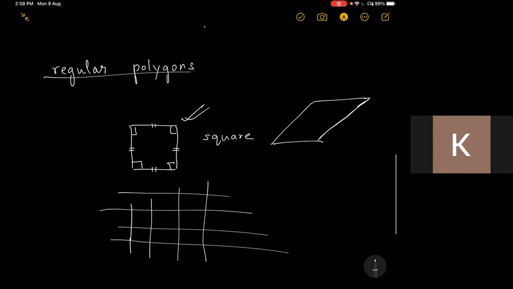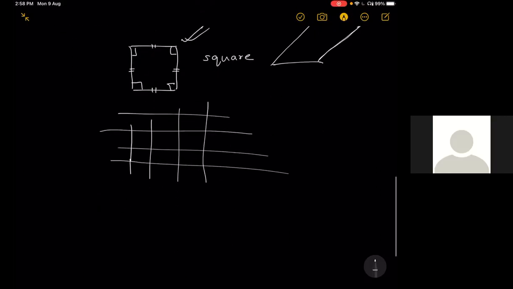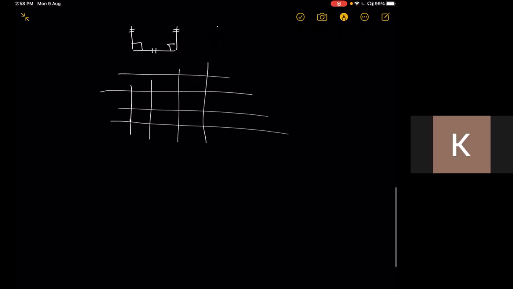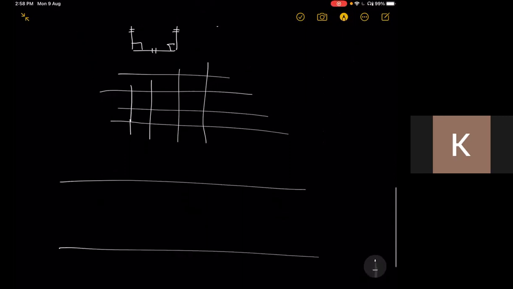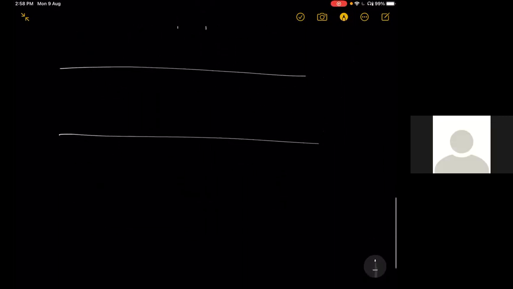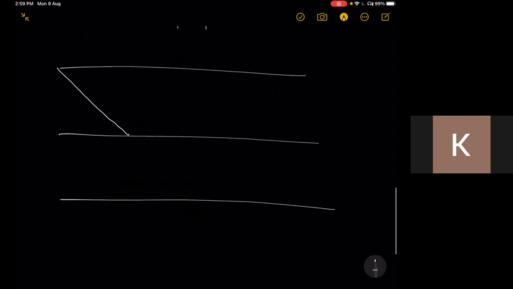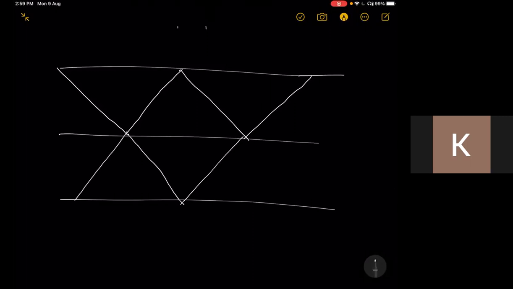Or else, you can use equilateral triangles. Yeah, we can use equilateral triangles again. Pentagon won't work. Pentagon won't work alone. Very good observation. Like this, you can use triangles.